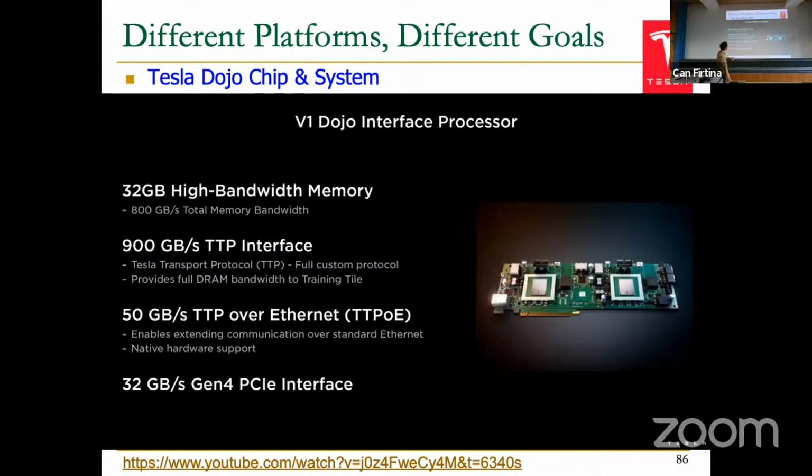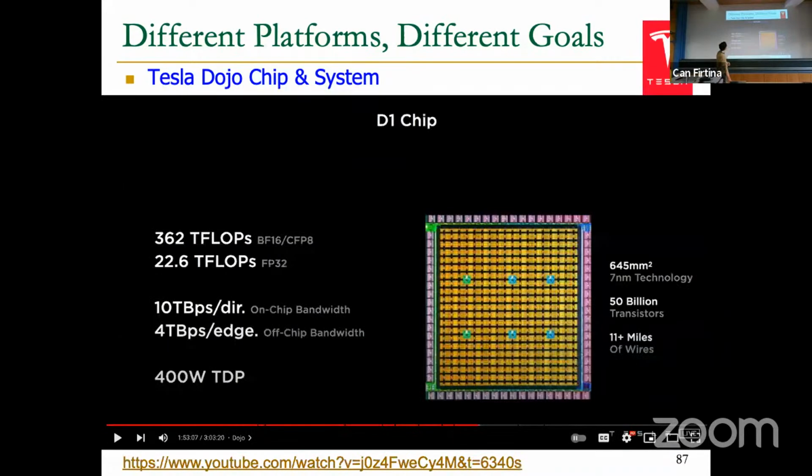This is actually a picture of the Dojo interface processor, and this is the chip. Remember, in each of the tiles there are 5x5 of these, right? And pretty powerful by itself, just a single chip. So imagine the whole system, how fast you can train the workloads that are important for Tesla.